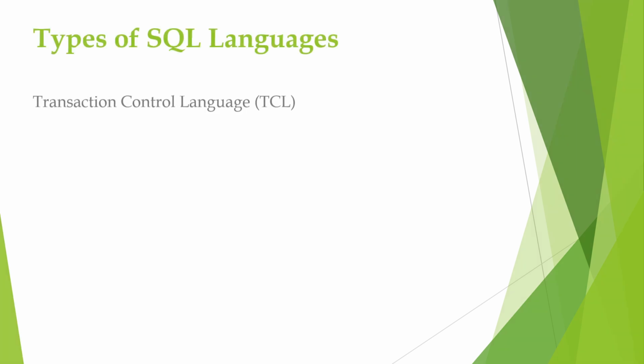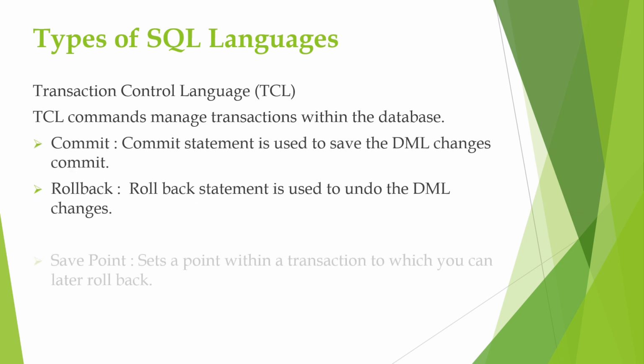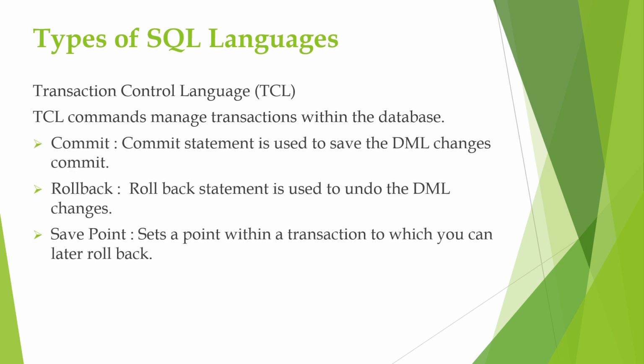Next type which we have is transaction control language. The transaction control language manages the transactions within the database, like saving the changes that we have done or undoing the changes. In this, we have the commands like commit, rollback, and savepoint. With commit, once we manipulate or do any changes in the database, then we should save it to make it permanent.